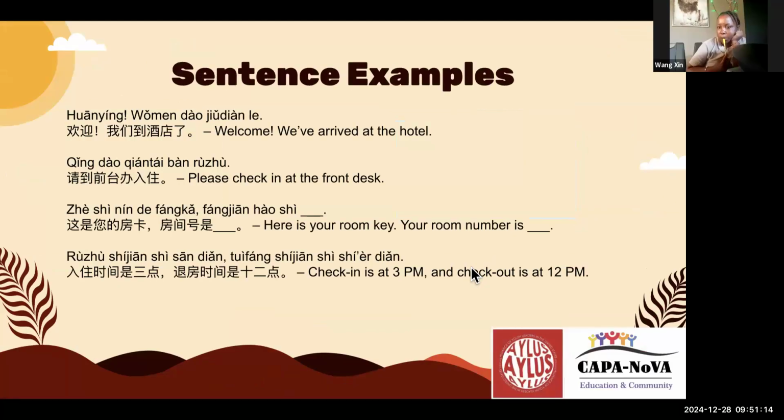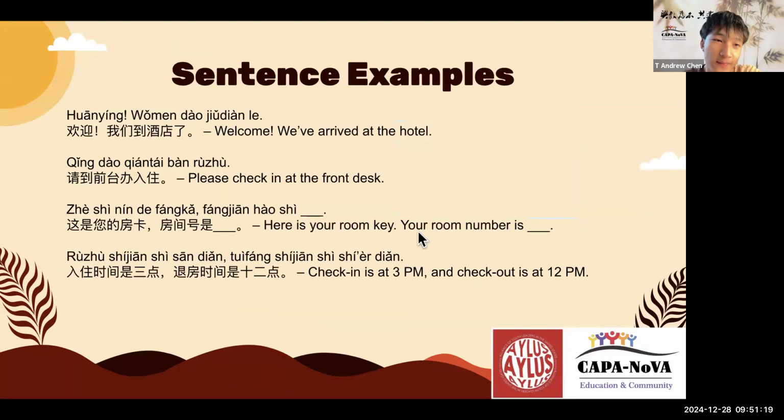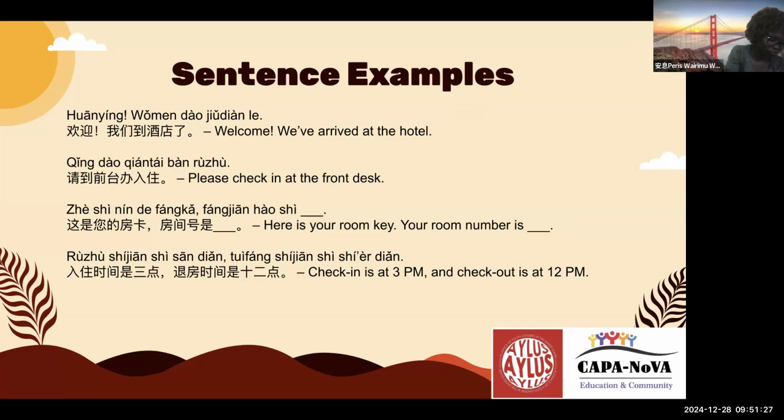Okay. All right, let's go through a couple more sentence examples. These ones are a little complicated, so let's go through. Okay, so welcome. We've arrived at the hotel. Remember, welcome from before is 欢迎. We've learned that. 欢迎. 我们到酒店了.